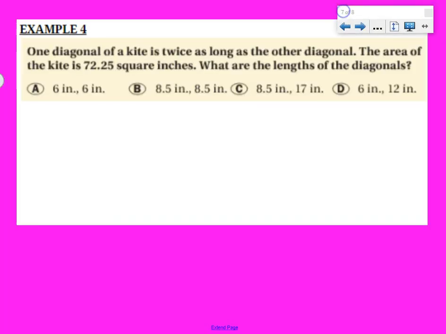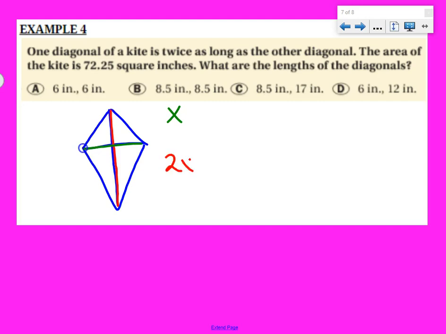Next example, one diagonal of a kite is twice as long as the other diagonal. So if we draw a little sketch of a kite, one diagonal, we'll say the red diagonal is twice as long as the green diagonal. So if the green diagonal is x, the red diagonal would be 2x. We know that the area of the kite is 72.25 square inches.